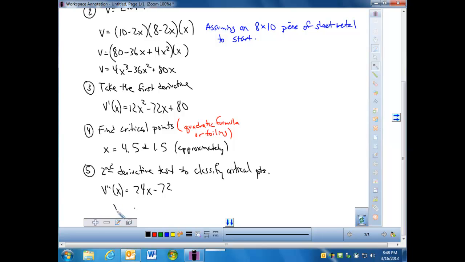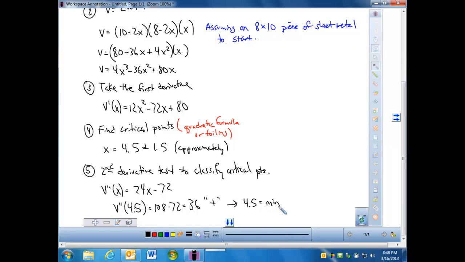So if I plug 4.5 into this function, 24 times 4.5 minus 72, I get 36. Now remember, that's positive, which means that it's concave up, which makes this critical value a minimum.